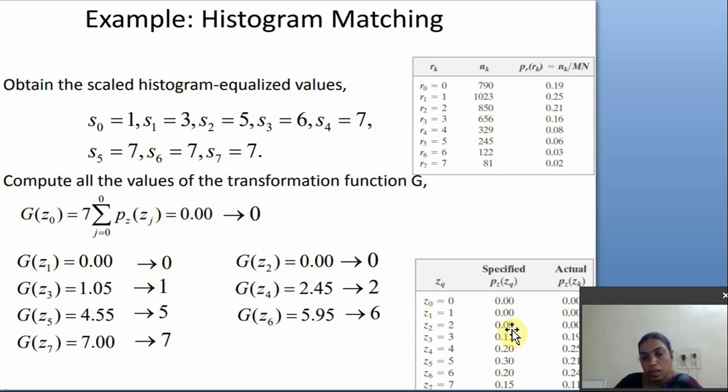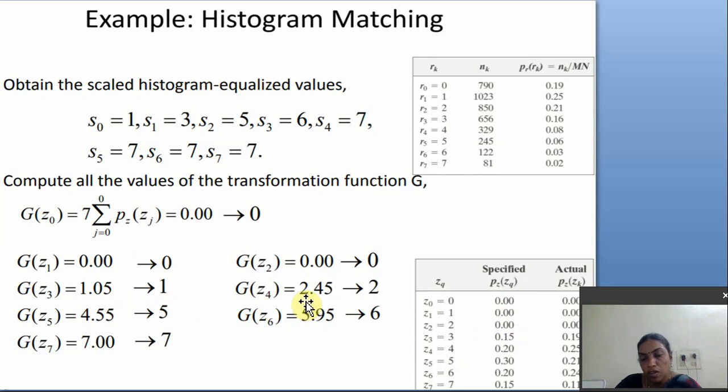Then take these three values added, into 7: 0 plus 0 plus 0 into 7 gives 0. Then coming to this one, 0.15 plus 0 plus 0 plus 0, into 7, gives 1.05.